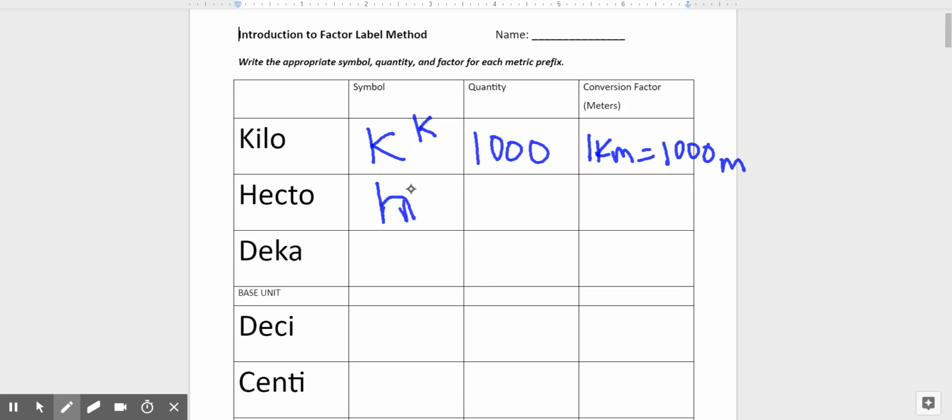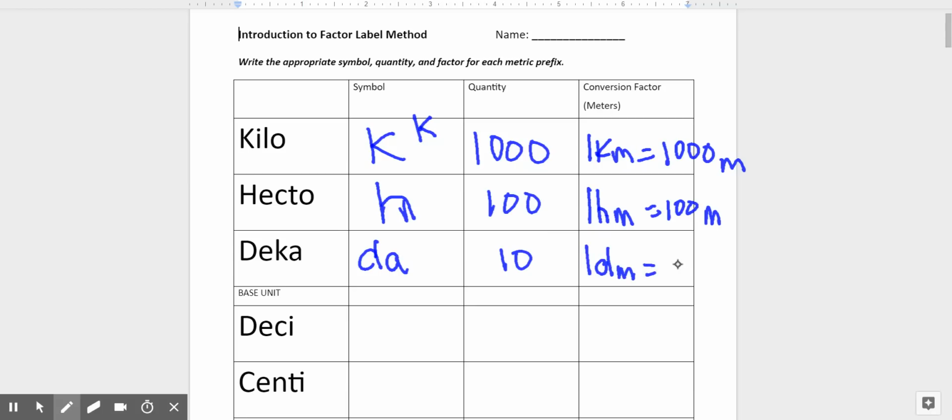Symbol for hecto, lowercase h. Quantity that it represents is 100. 1 hectometer equals 100 meters. Deca, symbol is dA, lowercase. The quantity is 10. 1 decameter equals 10 meters.